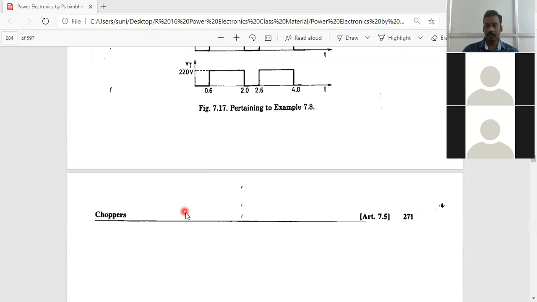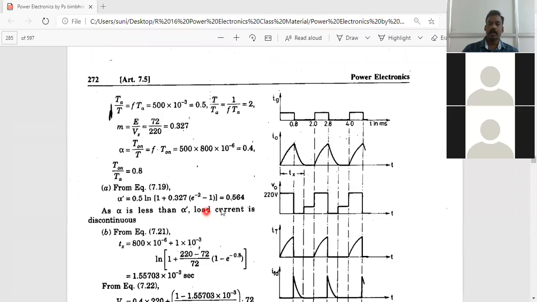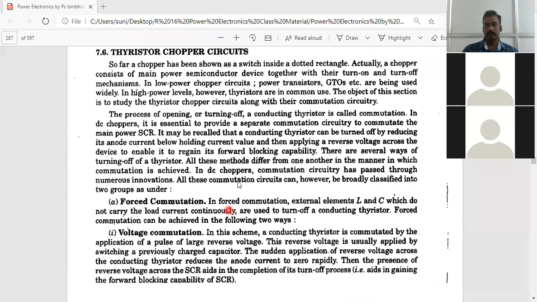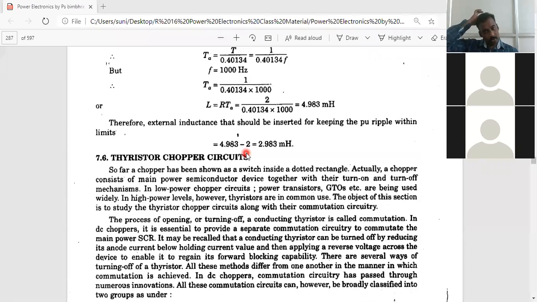What is commutation basically? Commutation is nothing but the process of making the conducting device turn off, isn't it?